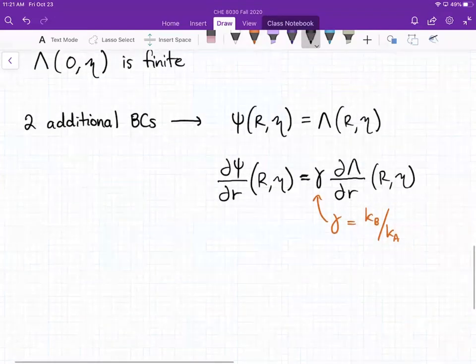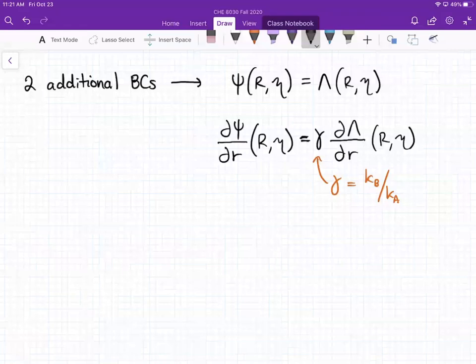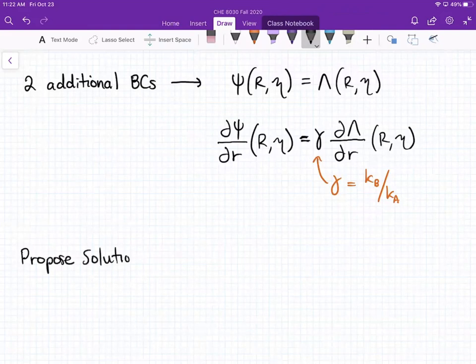Okay, so the first thing I'm going to do, we're using FFT, so I'm going to propose a solution. That solution is going to look exactly the same as it has for all the previous problems that we've solved.